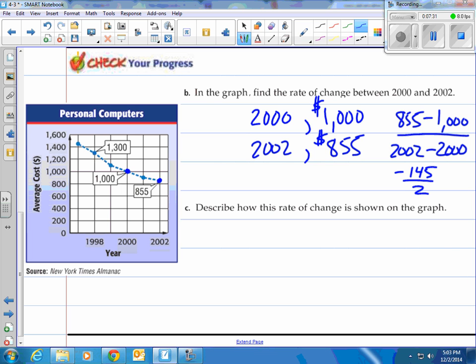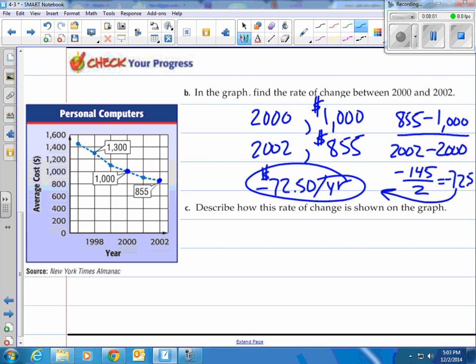And negative 145 divided by 2 is going to be negative 72.5. What is that saying? That's saying that the average cost per year went down $72.50 between the years 2000 and 2002. So I'd write that, and I'd say per year.